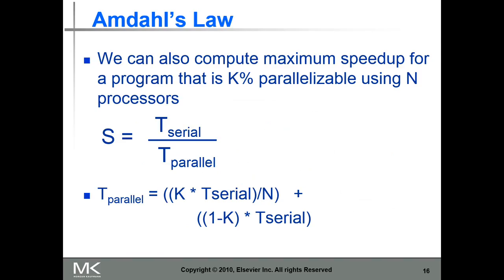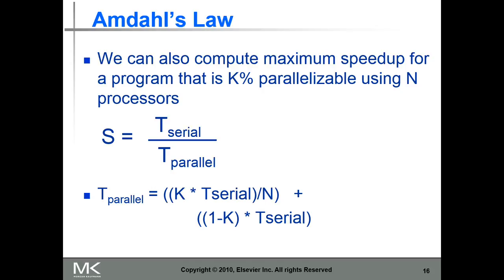Right, so one last idea. We know how to compute the maximum speedup, assuming an infinite number of processors. We can also compute it for a fixed number of processors. And again, what I'm going to do here is basically derive or rewrite the formulas so we get something fairly easy to work with.